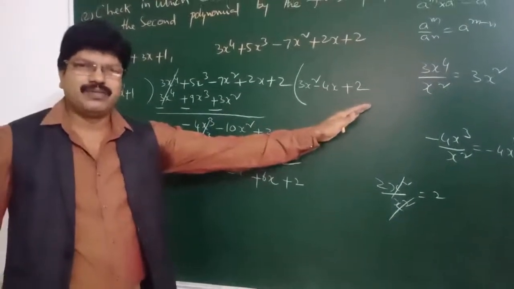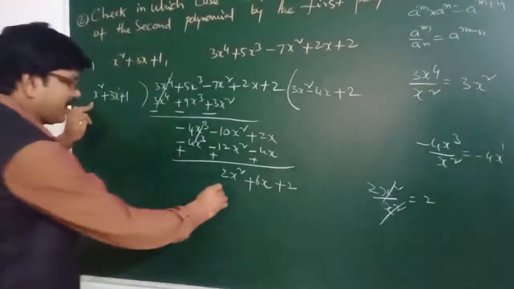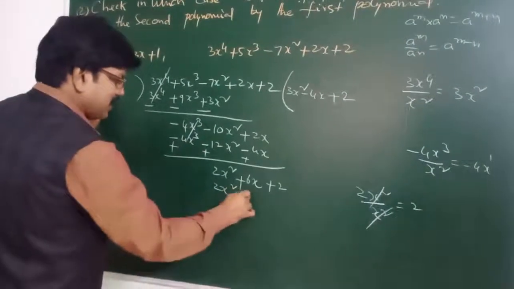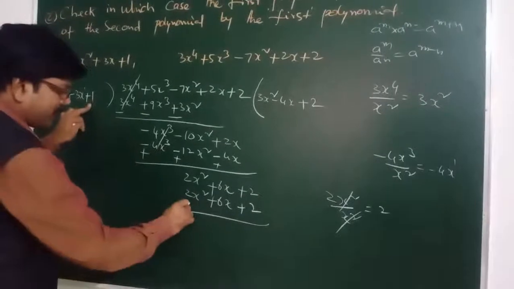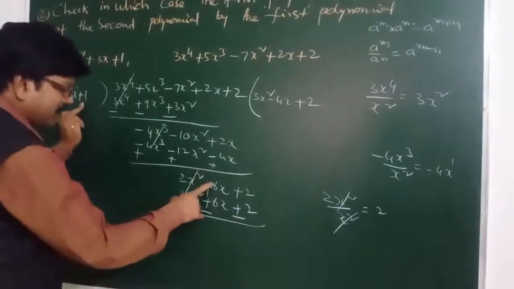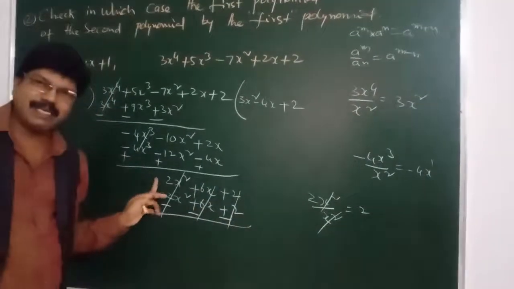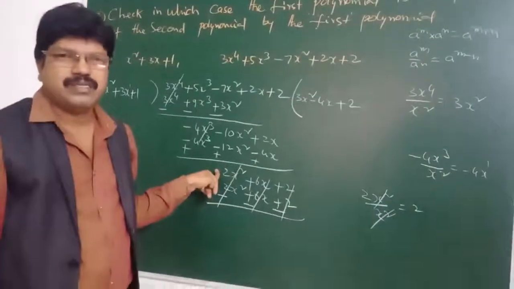Multiplying the whole divisor by 2: 2 into x square, 2x square; 2 into 3, 6x; and plus 2. Subtract. Change the symbols: plus minus, plus minus, plus minus. If there is no symbol, it will be plus.